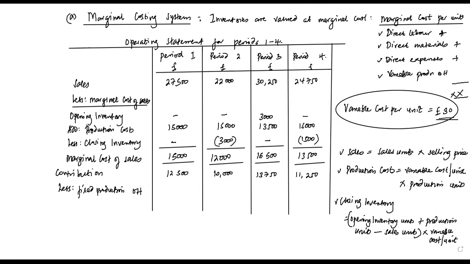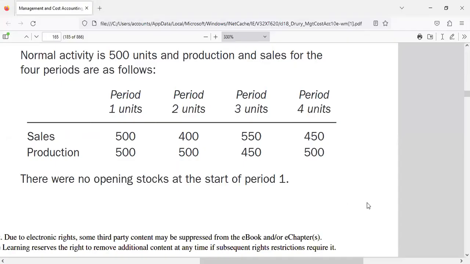Let me take you back to the question. Remember, under marginal costing, the fixed production overheads are not included in the inventory costs. These costs are written off in full against our contribution. So the fixed production overheads are deducted from the contribution to come up with your net profit. But how much are the fixed production overheads?